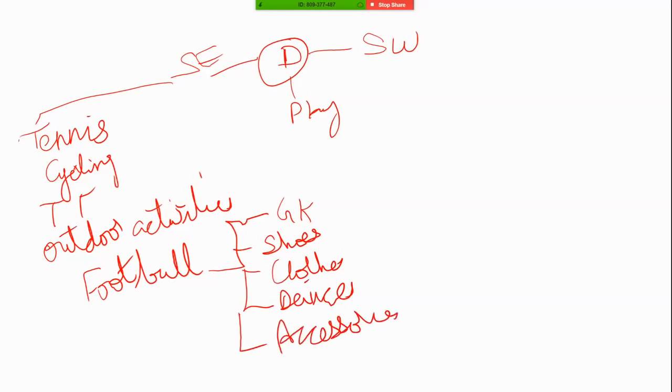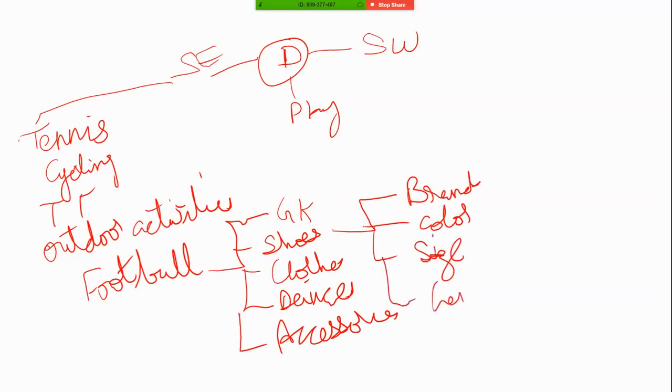Now again in shoes, I may have different type of brands, different types of color. This is size, gender. Again in gender, I may have, let's say, men, women, and kids, probably, correct?